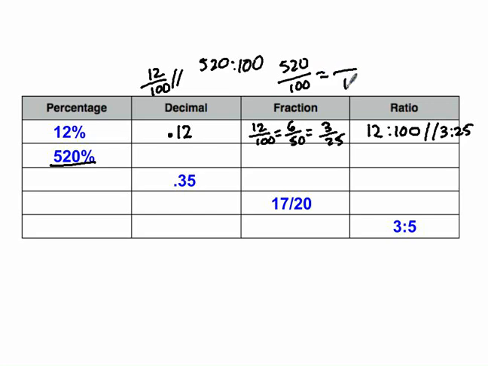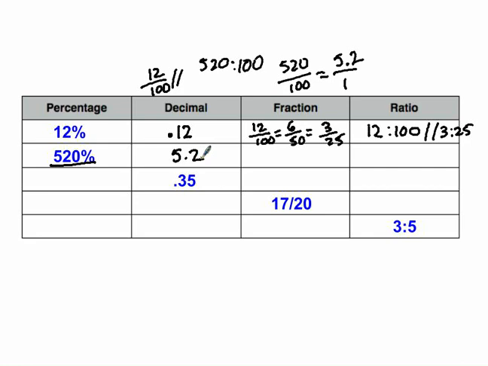We want to represent it as a unit rate without a fraction. So we divide each side by 100. 520 divided by 100 is 5.2. So the decimal form would be 5.2.